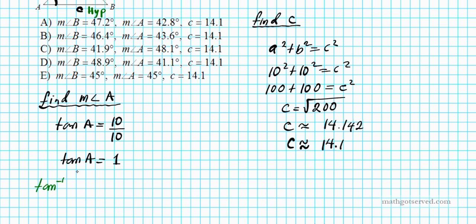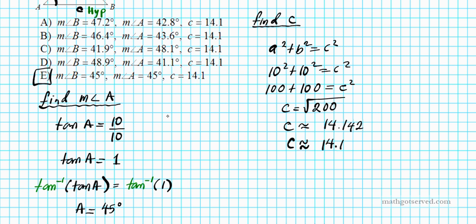We're not multiplying, we're taking the inverse tan. Plug that into your calculator. The inverse tan of 1 is 45 degrees. So we can clearly see that our answer is option letter E.